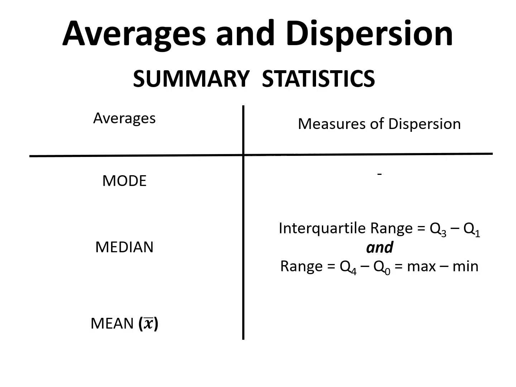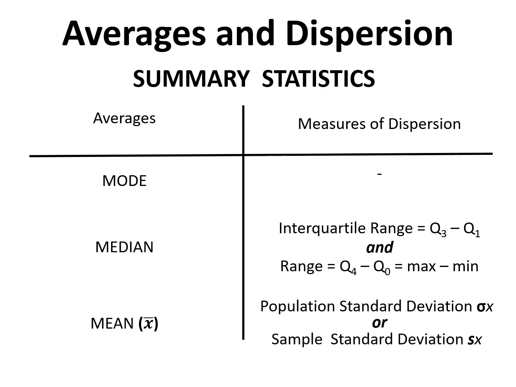For the mean, we've got the population standard deviation, sigma x, or the sample standard deviation, whereas for the median you often use both measures of dispersion, the interquartile range and the range. If you're working with the mean, you have to choose which standard deviation is appropriate for the setting.